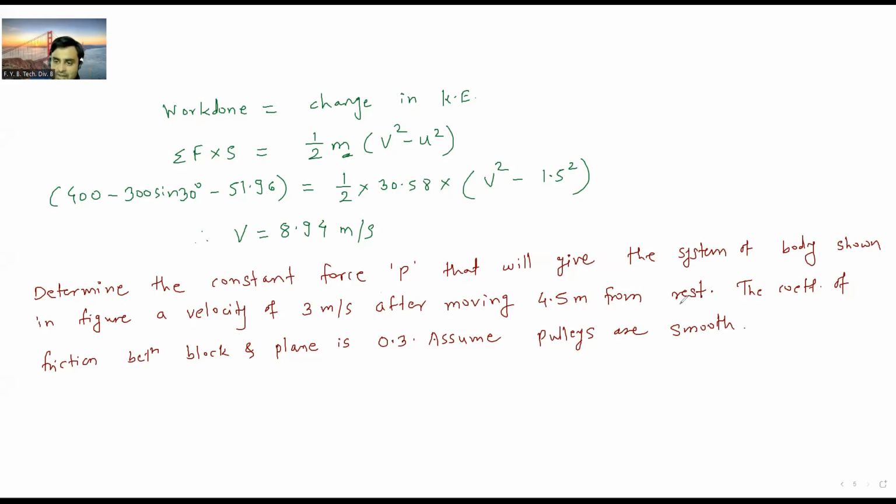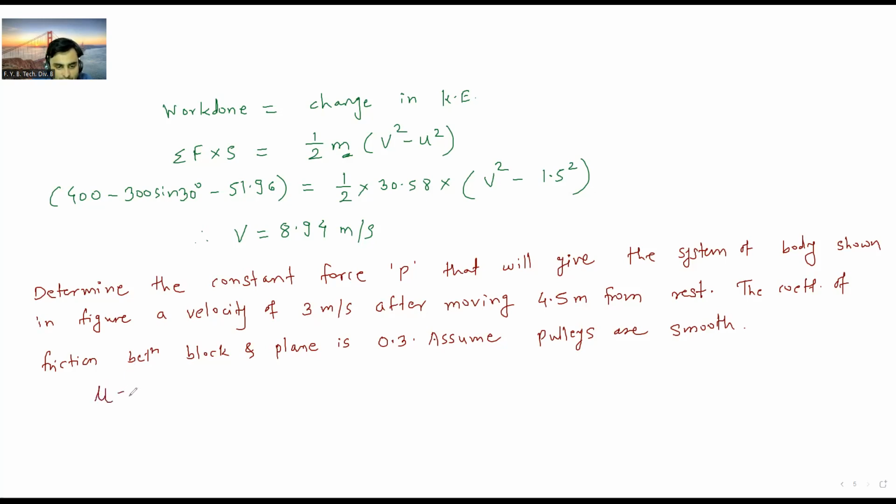From rest means initially when the distance is 0 meter, the initial velocity is also 0. So it will attain a velocity of 3 meter per second. So its final velocity v is 3 meter per second when s is equal to 4.5 meter.